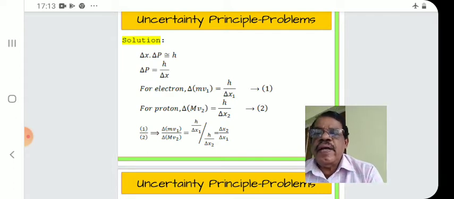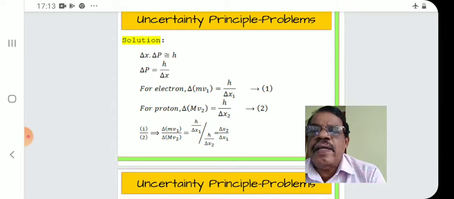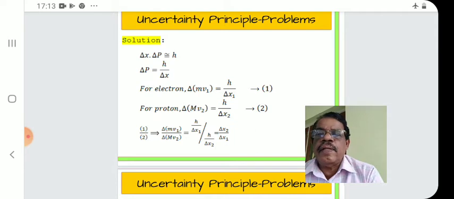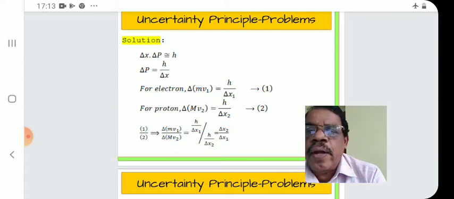For electron, delta p, that is delta mv1, where small m is the mass of electron, is equal to h by delta x1. Delta x1 is the uncertainty for electron, and that equation we mark as 1.